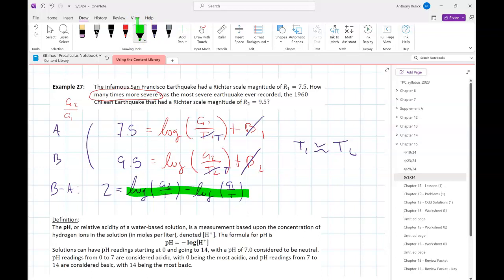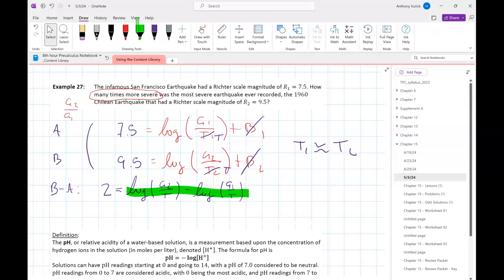What am I able to do with that? I can't cancel. Because yes, that's one of our properties of logarithms. Do you remember which property of logarithms? It's the quotient property. Division is close enough. What does the quotient property allow us to do? It allows us to take that subtraction problem and rewrite it as a division problem inside the logarithm.